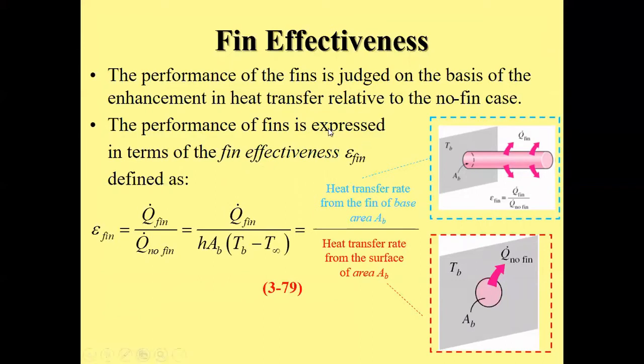The fin effectiveness is given by Q fin, the heat transfer from the fin of base area AB, divided by the heat transfer from the surface of area AB.